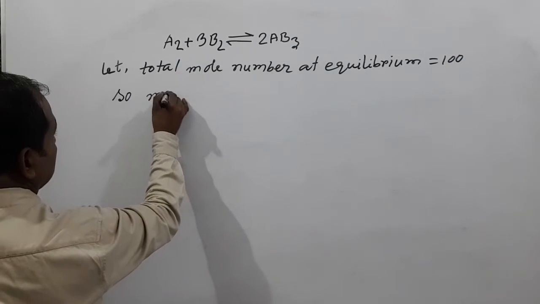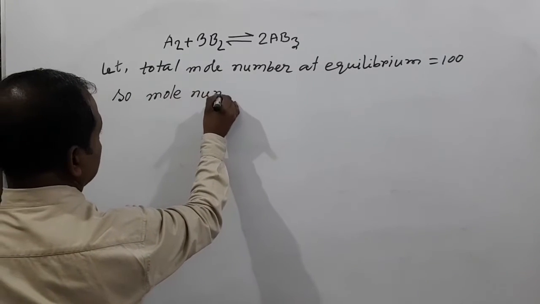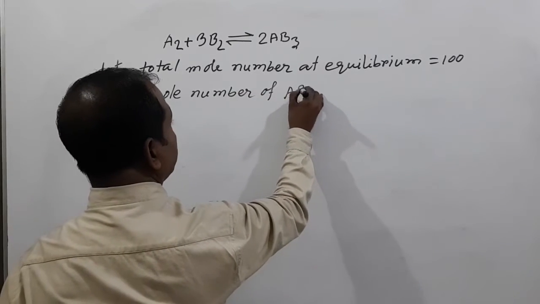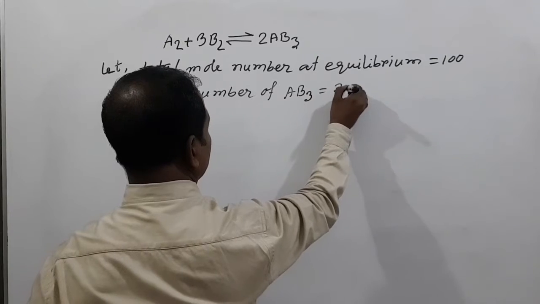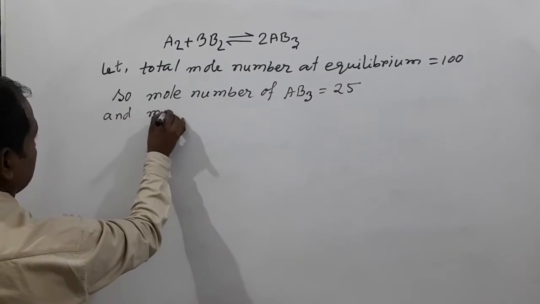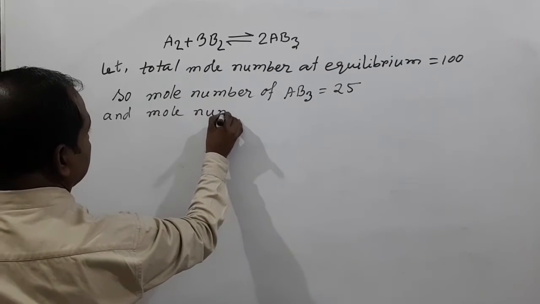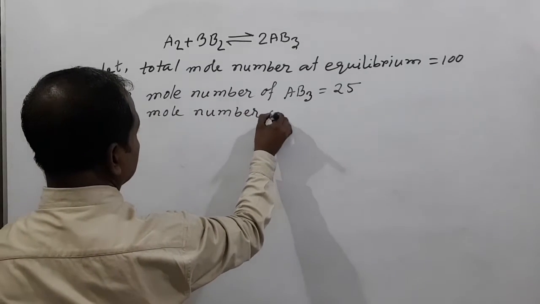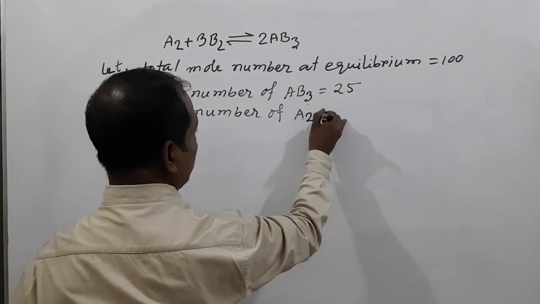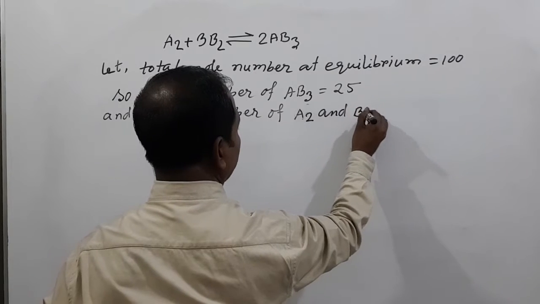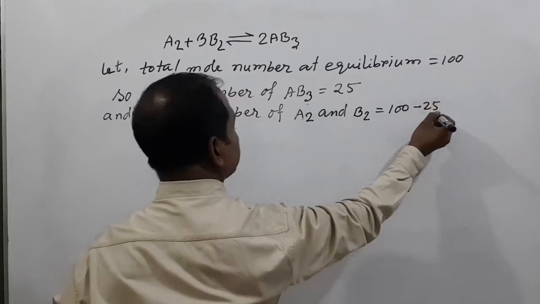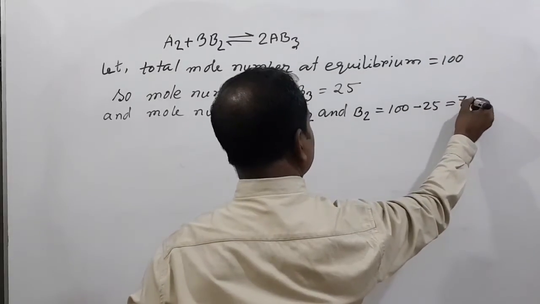So mole number of AB3 equal to 25 and mole number of A2 and B2 equal to 100 minus 25, that is 75.